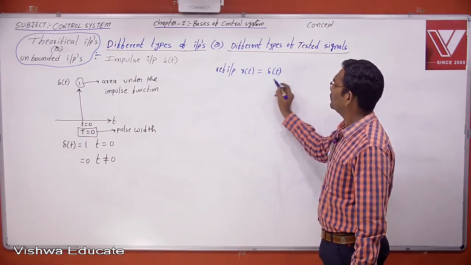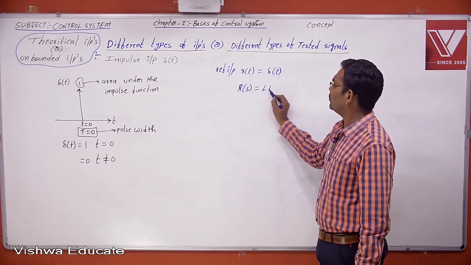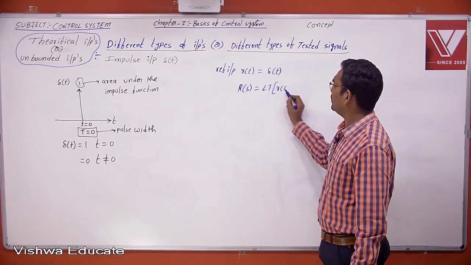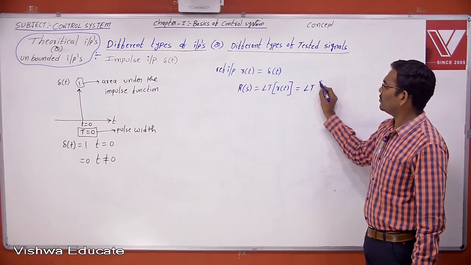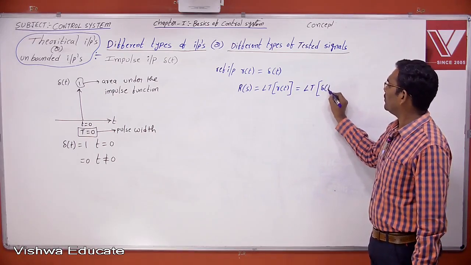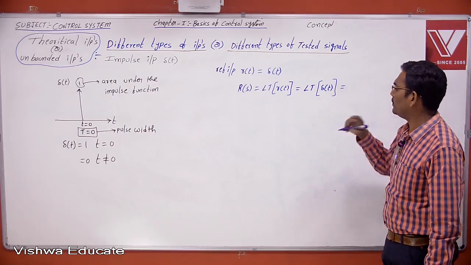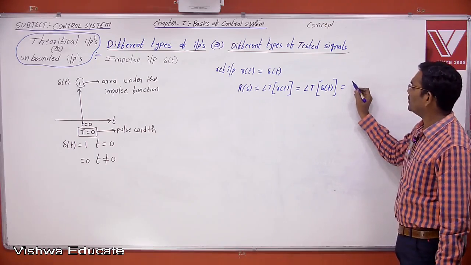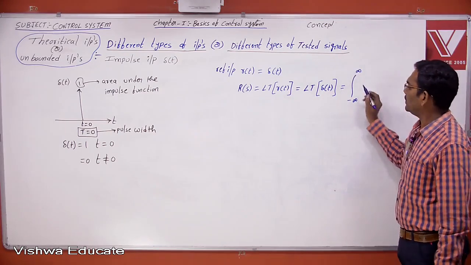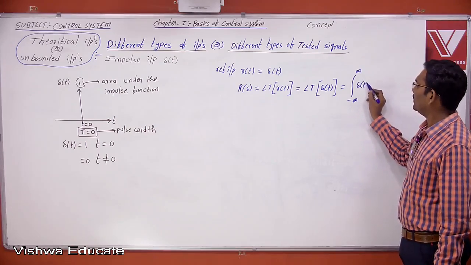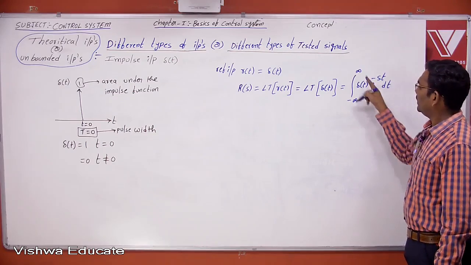Therefore R(s) is equal to the Laplace transformation of r(t), which is the Laplace transformation of delta(t). What is the Laplace transformation of delta(t)? It is the integral from minus infinity to infinity of delta(t) e^(-st) dt.